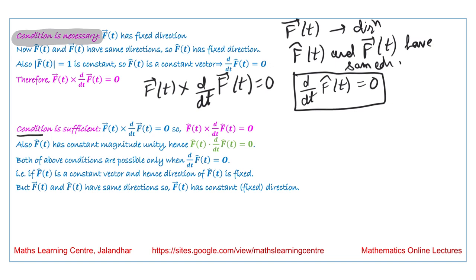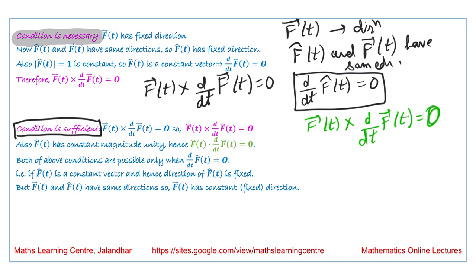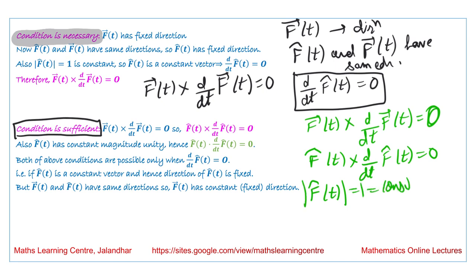In the second case, we have to prove that the condition is sufficient. So we start with the result that f vector t cross d by dt of f vector t is equal to the 0 vector. So f unit vector of t cross d by dt of f unit vector of t is equal to 0. Also, the mod of f cap t is 1, which is a constant.